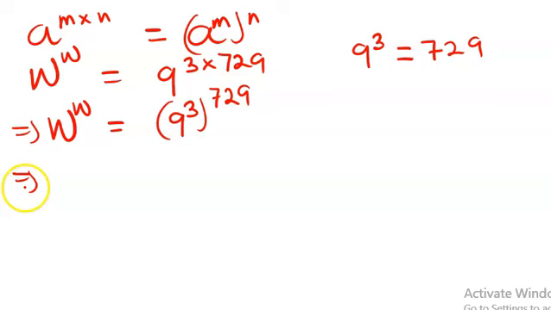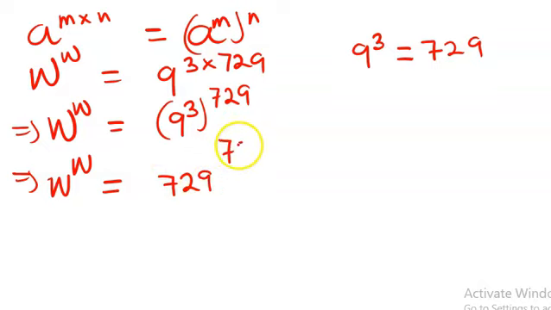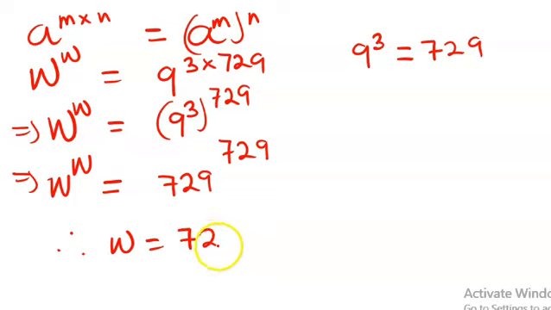So we are going to have W raised to the power W equal to 729 raised to the power 729. So therefore W is 729.